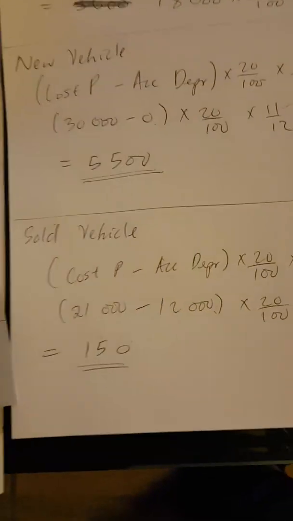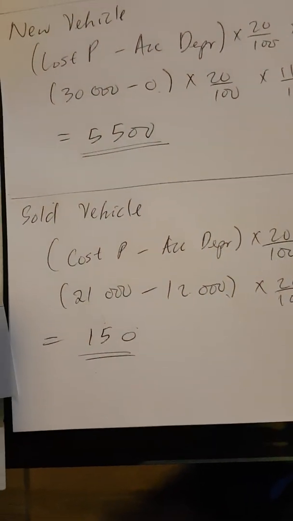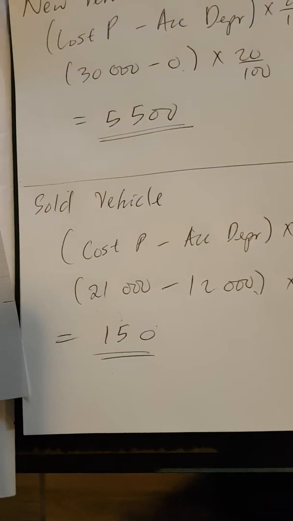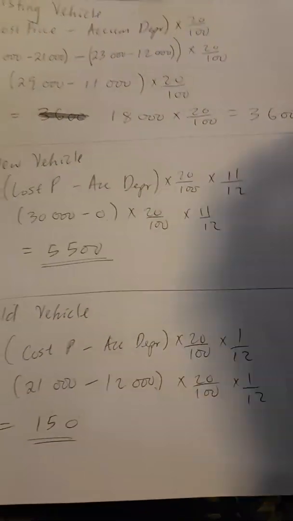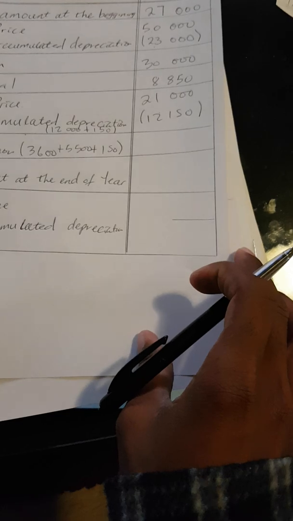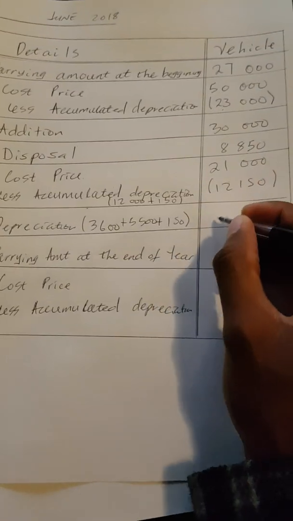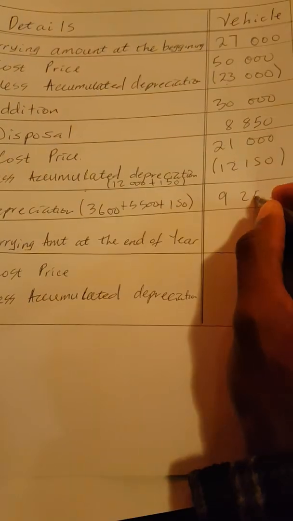If you add all of them, how much will you get? You'll get a depreciation of 9,250.